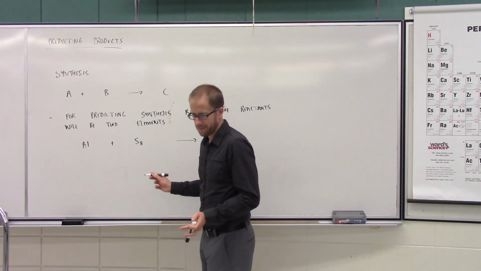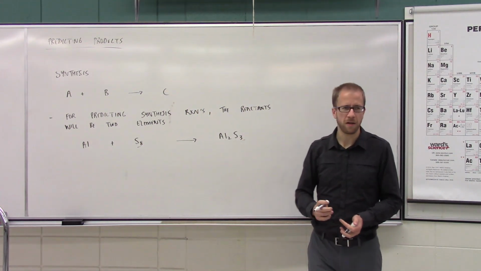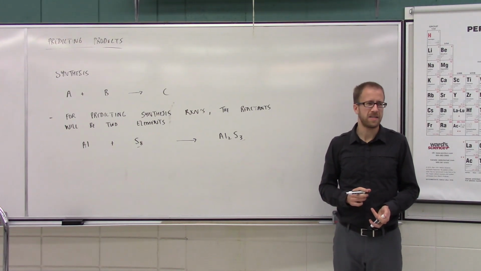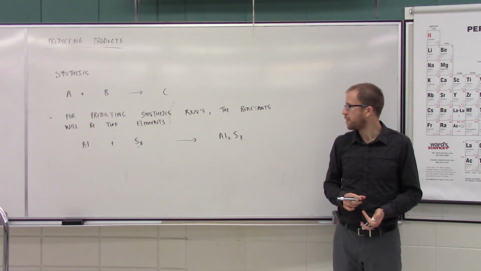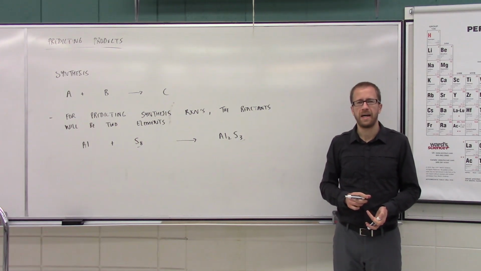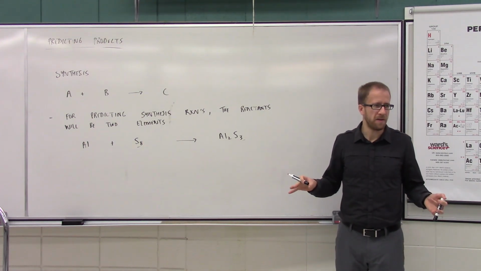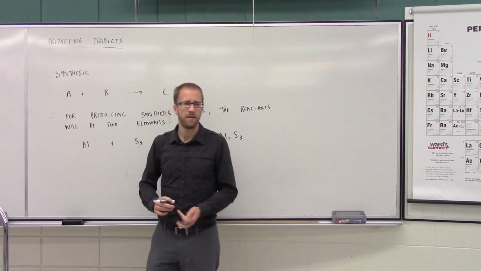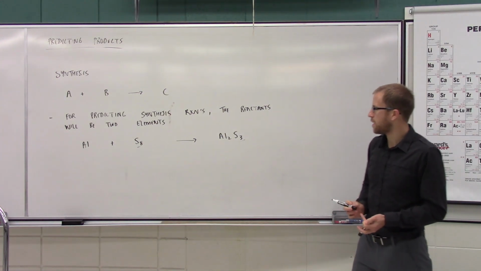I'm not going to give you one like this, but you have 8 sulfurs here and 3 here. The only way to truly get equal numbers on each side is to use actually the LCM. We got to find the lowest common multiple between 3 and 8. Because again, the aluminums, it doesn't really matter in the end, because we can put whatever number we want there, right? So that doesn't matter. What is the LCM between 3 and 8?